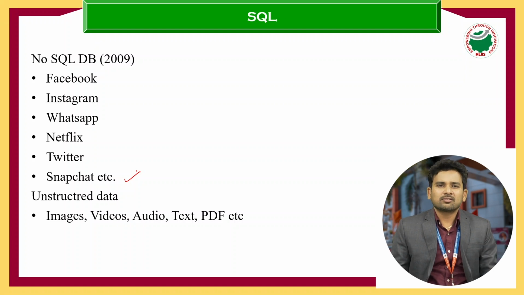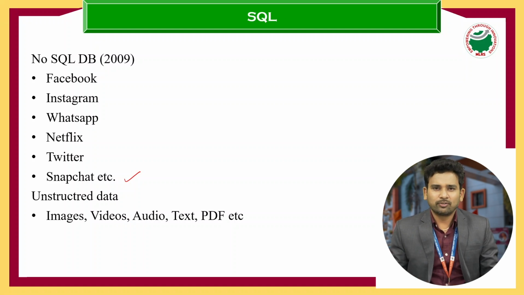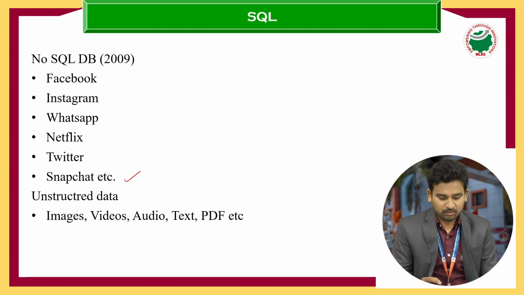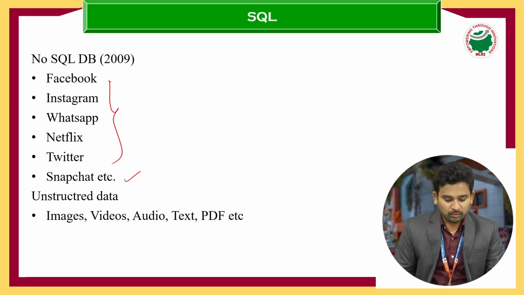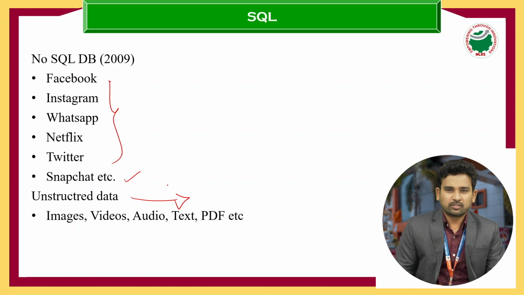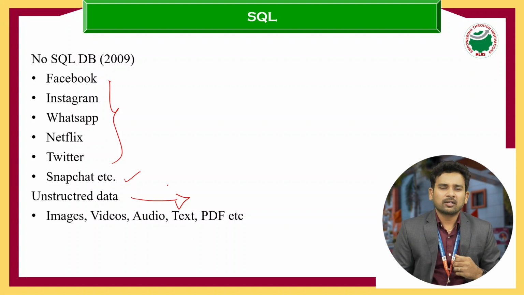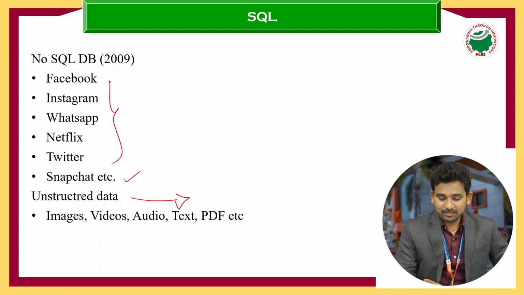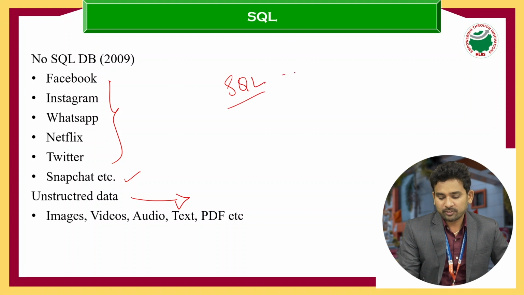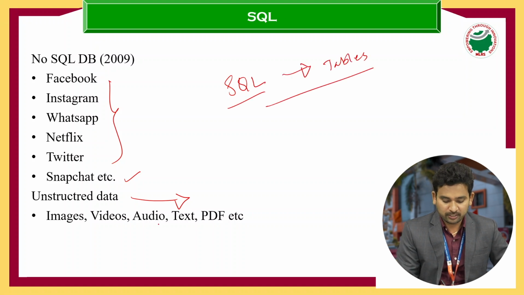These all come under unstructured data. Why? Because the data is in the form of images, videos, audio, PDF, and text. SQL, as we just discussed, is only in the form of tables, but unstructured data is in the form of images, videos, audio, text, and PDF.